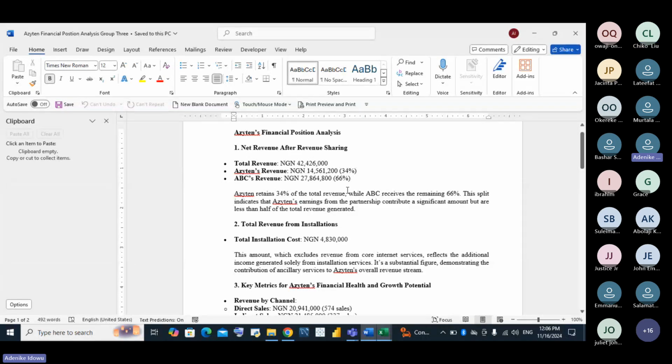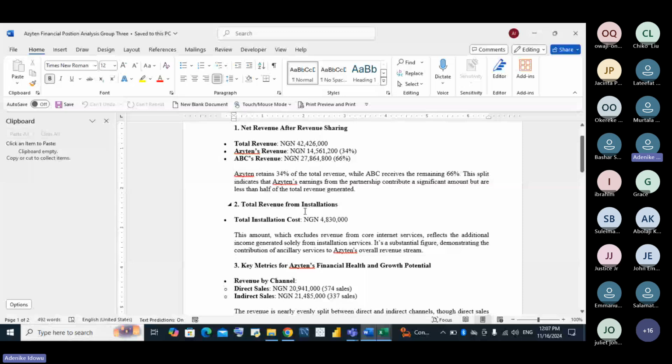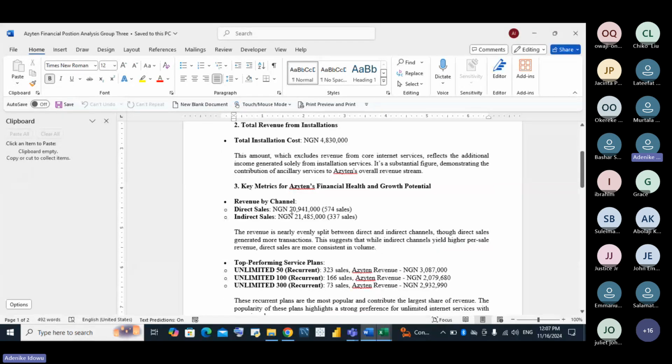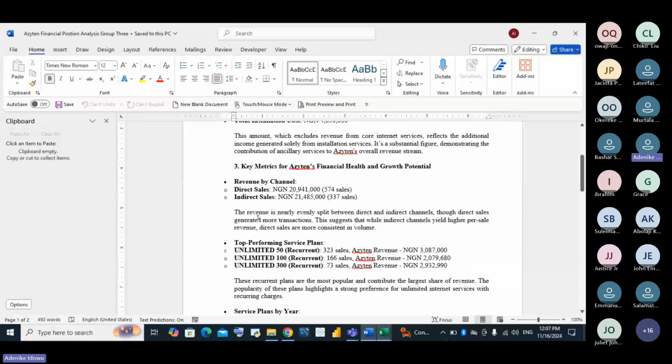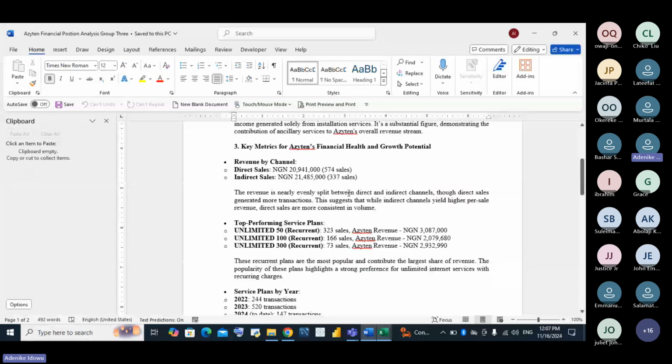ABC revenue is 27 million, which is 66%. So this split indicates that Azyten's earning from the partnership contributes a significant amount, but less than half of the total revenue generated. The total installation cost is this. Then we go to key metrics for Azyten financial health and potential plan. We come to this, and we discover the revenue is almost split.